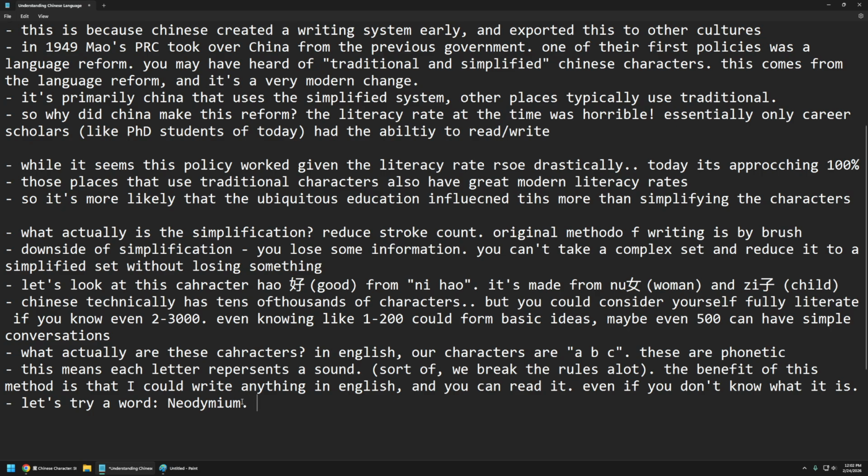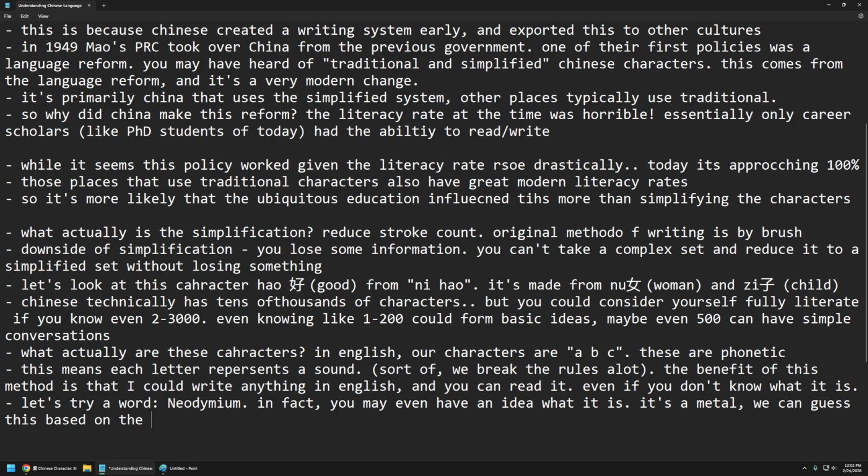And you're familiar with different constructs like this neo, right? Like it's all familiar. In fact, you may even have an idea what it is. So even if you've never seen this word before, you might have an idea. It's a metal. We can guess this based on the ium.